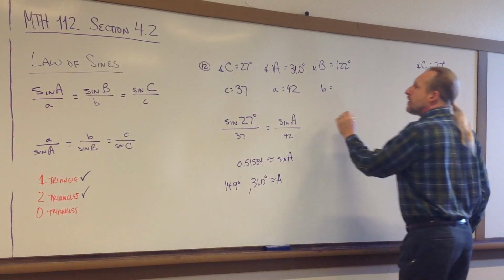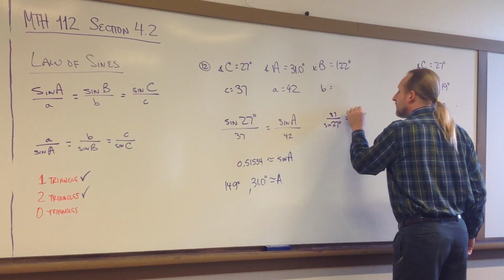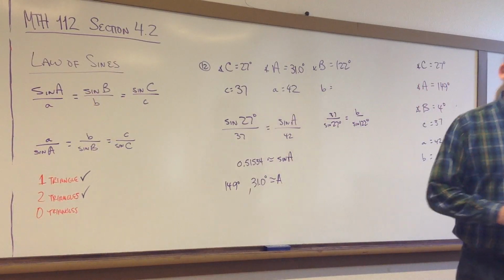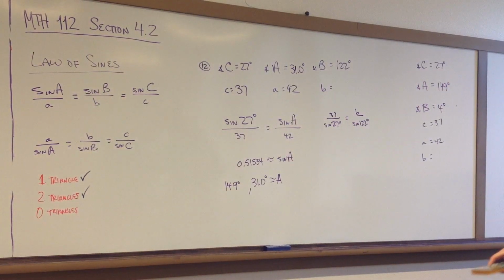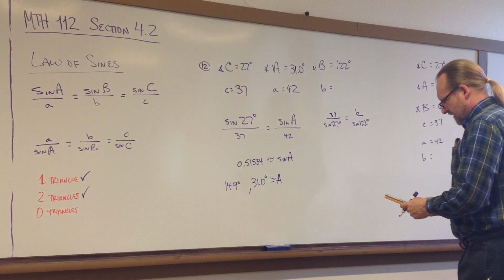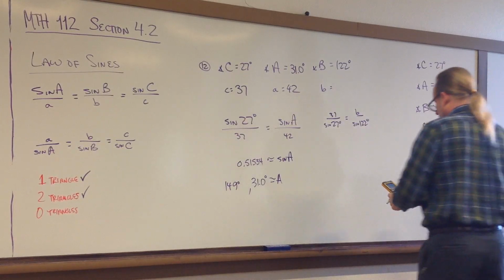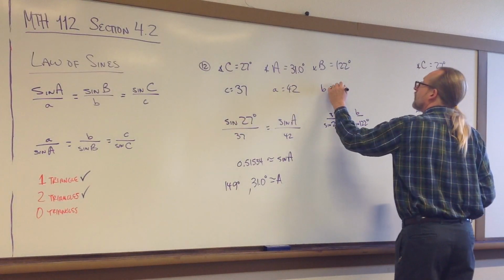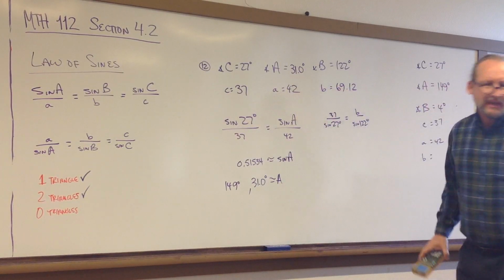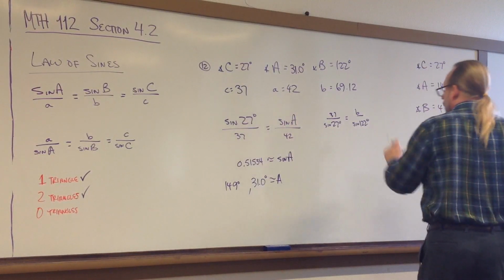All right, so we'll say 37 over the sine of 27 equals B over the sine of 122. And what do we get here? 37 over sine of 27 degrees times sine of 122, 69.12. Where did I ask for a rounding here? Yeah, side lengths to the nearest hundredth. 69.12.